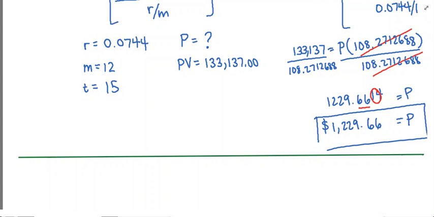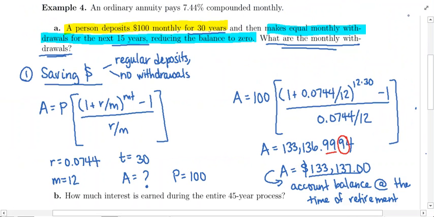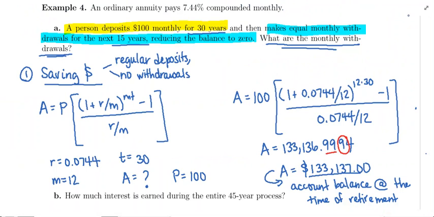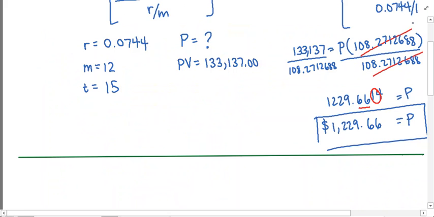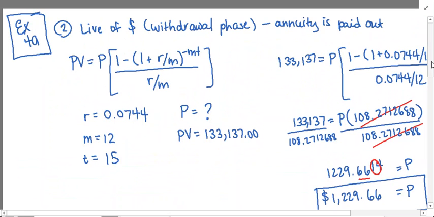So think about how part A played out. The first part of the problem, you spent years saving, so you used the future value of an annuity formula. And then once you retired, you had to figure out what your monthly withdrawals would be, and you used the present value of an annuity formula to figure that out. So now we're going to go backwards.